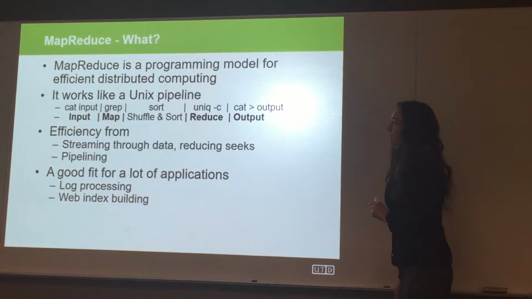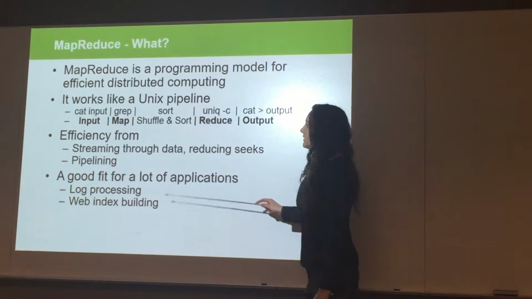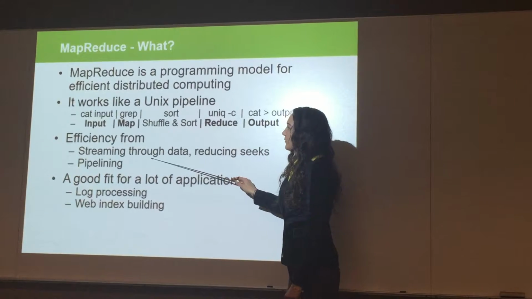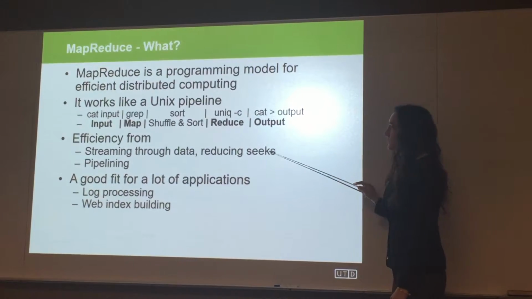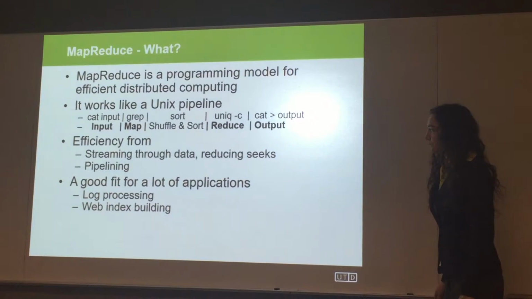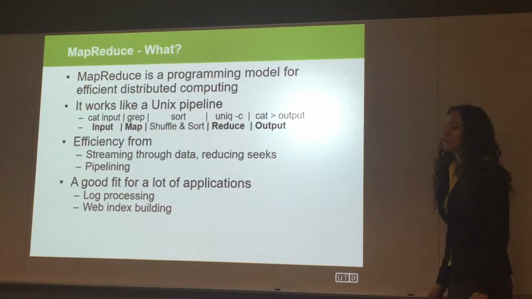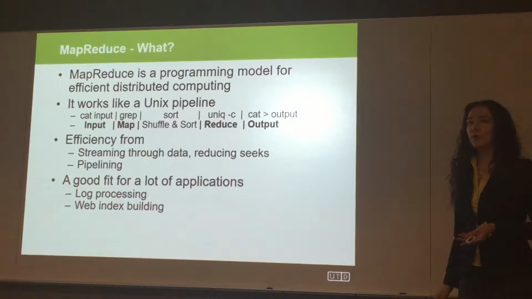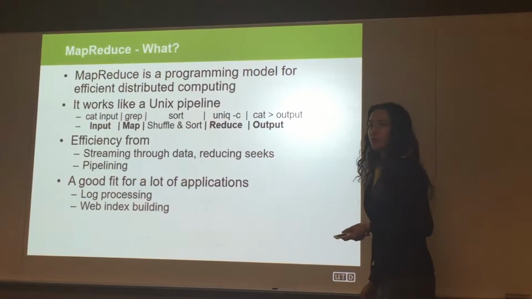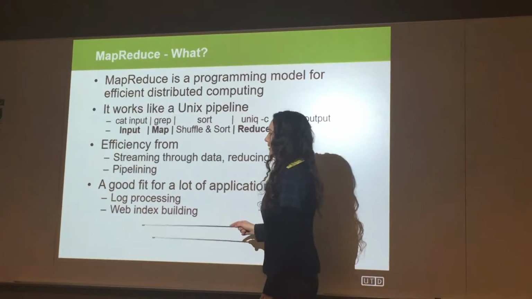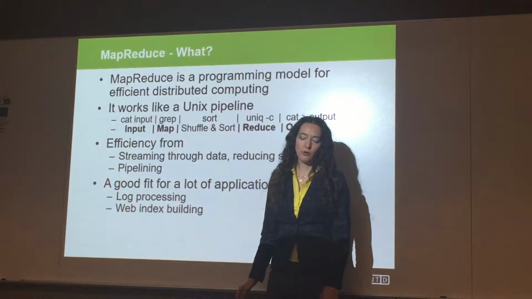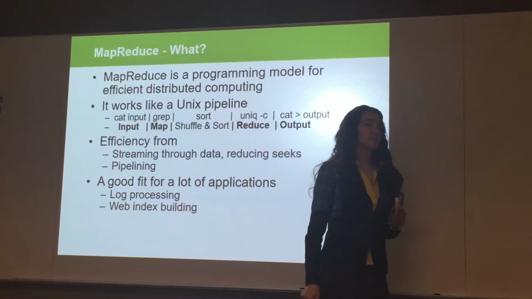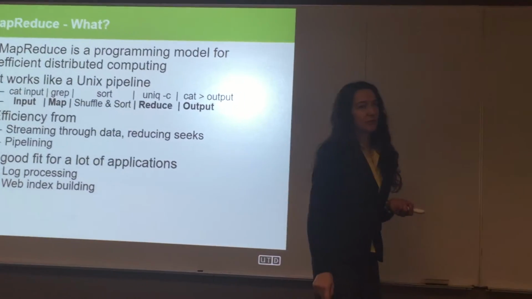So this type of pipeline model is efficient when we have to go through large amounts of data, and it reduces the seek time. It is a good application for, let's say, searching through some huge log file. Let's say there is a web server that produces a huge log file for all the users that browse web pages on that server.